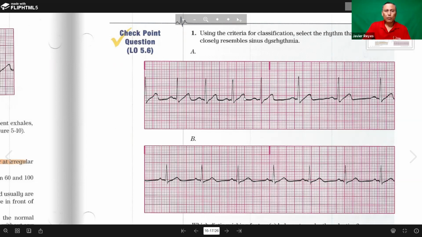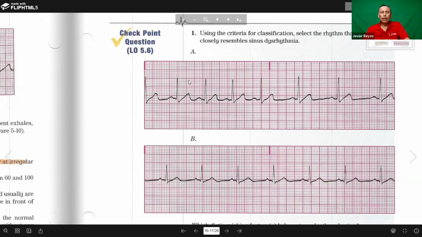So what is the problem with a sinus dysrhythmia? What is the main problem that you need to look out for? The only problem you're going to see is the irregularity between the P's and the R's. If you measure with your calipers, P to P, they're going to vary, and the R's are going to vary.